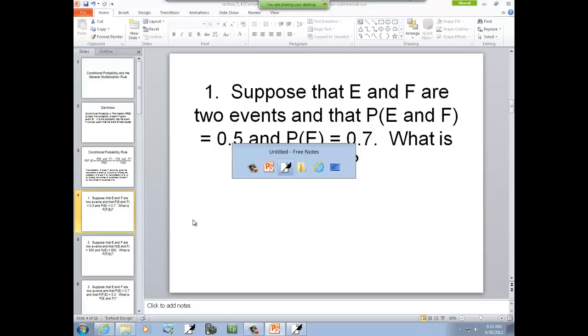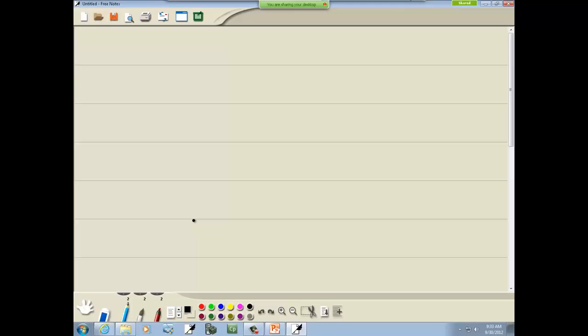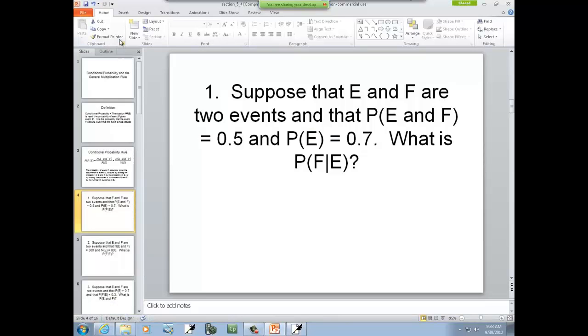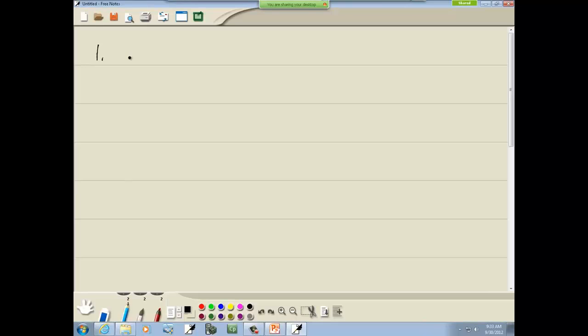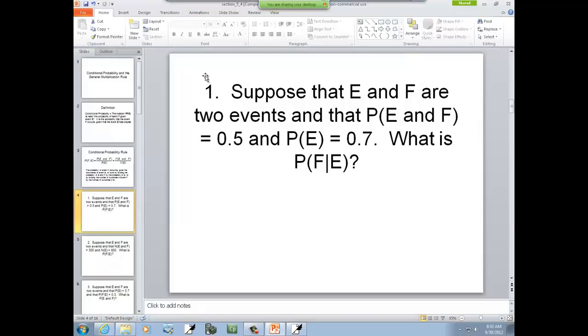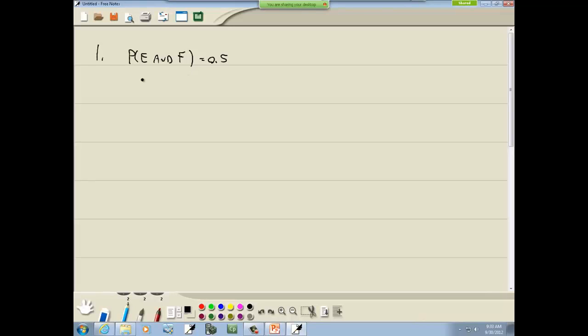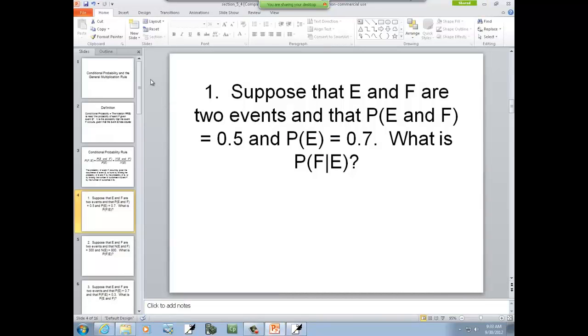Take a look at this problem. Suppose E and F are 2 events, and probability of E and F is 0.5. And probability of E is 0.7. What is the probability of F given E?